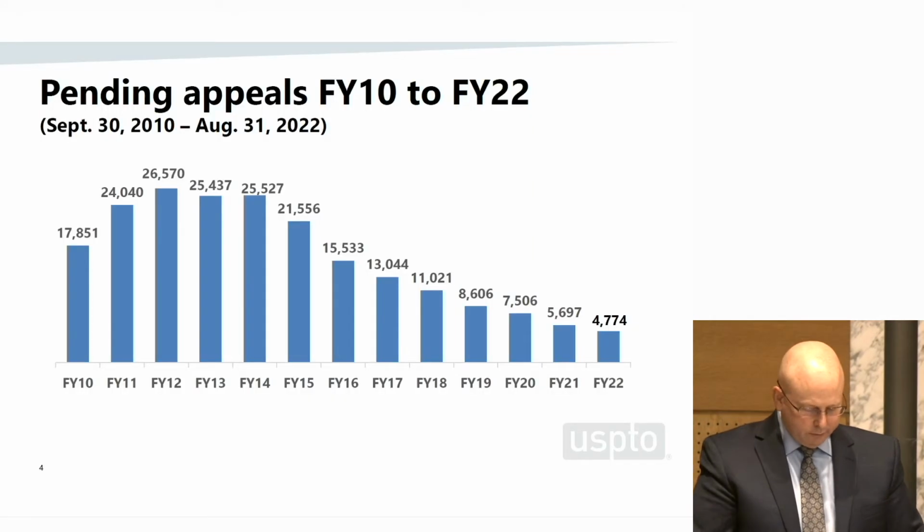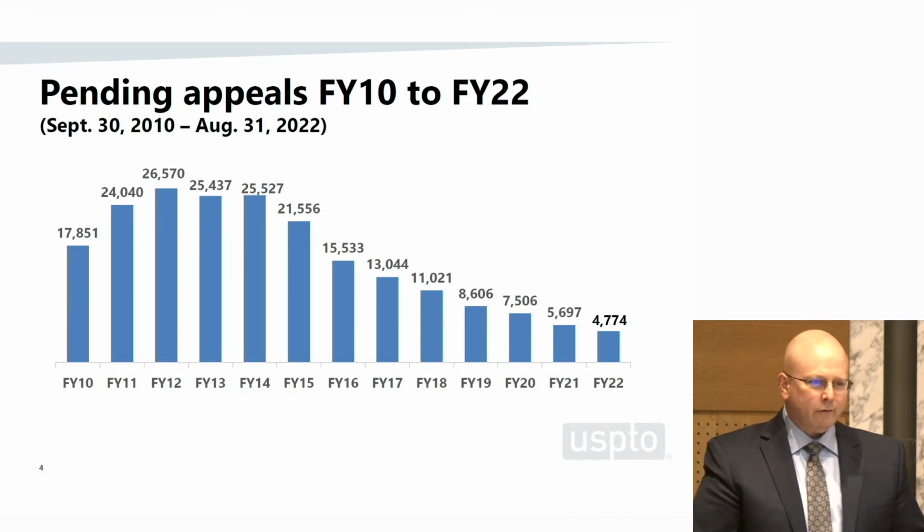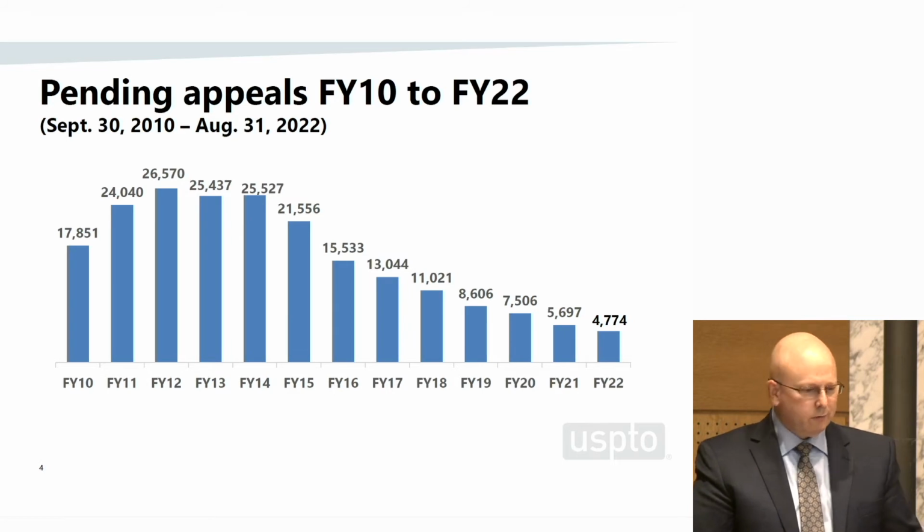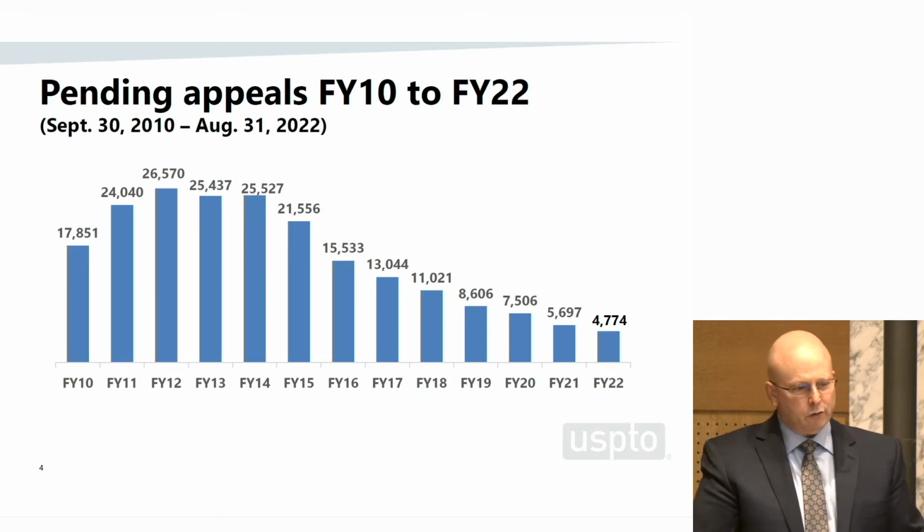For appeals, you can see about a decade ago, we had a very large inventory of appeals. And this had built up rather rapidly starting, by 2010, the number of appeals had been going up pretty steadily for a few years.